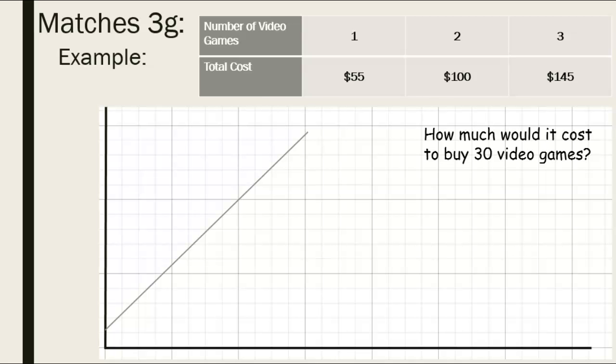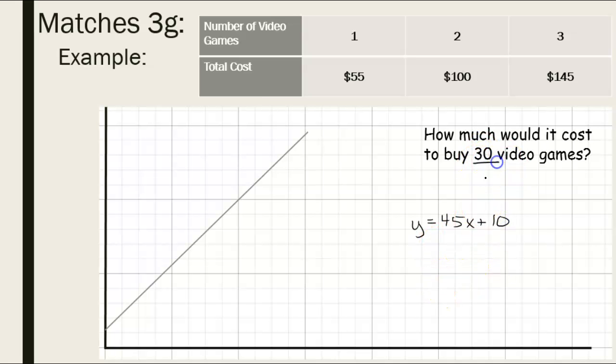Okay, and I was wrong. I said that we were almost done, and we still have one more question. So in this particular part of it, we are using the same situation. How much would it cost this time to buy 30 video games? Okay, so rather than toggling back and forth with all those slides, I am just going to rewrite the equation. We said that y was equal to 45x plus 10, I believe.